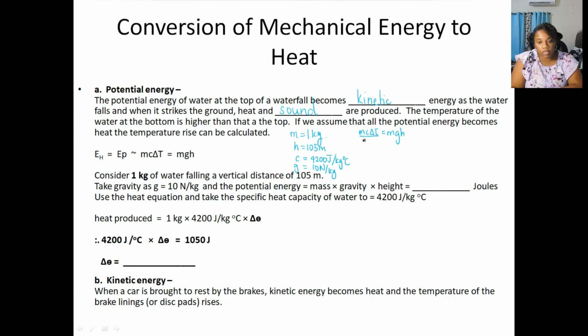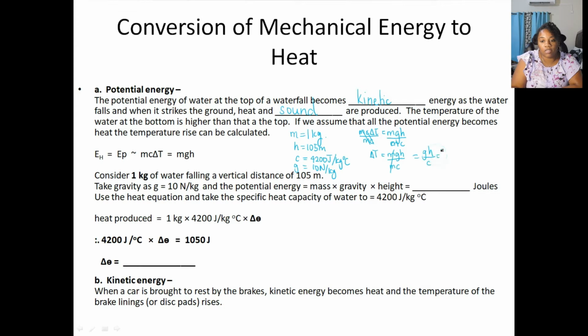So we're going to divide this side by mass and specific heat capacity, and we're going to divide this side by mass and specific heat capacity. So that goes. So we end up with delta T equal to the mass times the gravity times the height over mass and specific heat capacity. But because we're dealing with the same mass, that goes. So you're going to end up saying gravity times height over specific heat capacity.